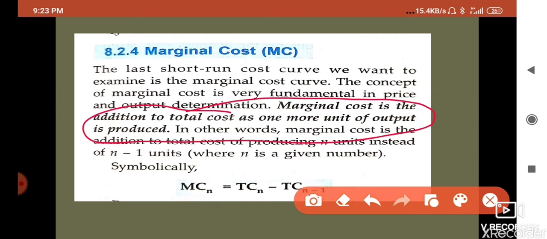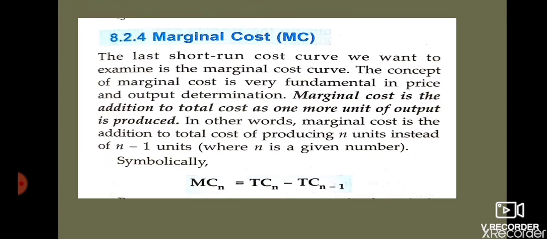So what does it mean? It means that if the number of units presently is 10, and we add one more unit to the output, then whatever the change in the total cost, that is known as marginal cost. It is very clear from the formula: MCn is equal to TCn minus TCn-1, that is, final total cost minus previous total cost.